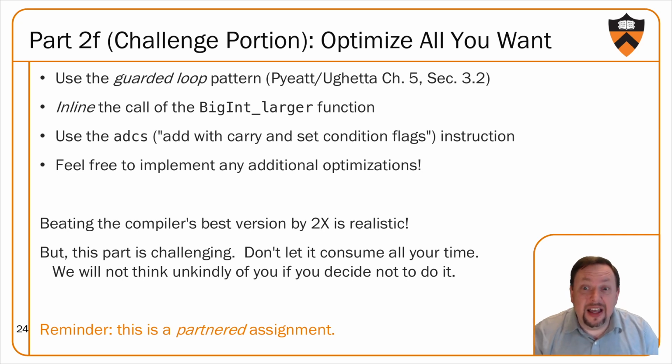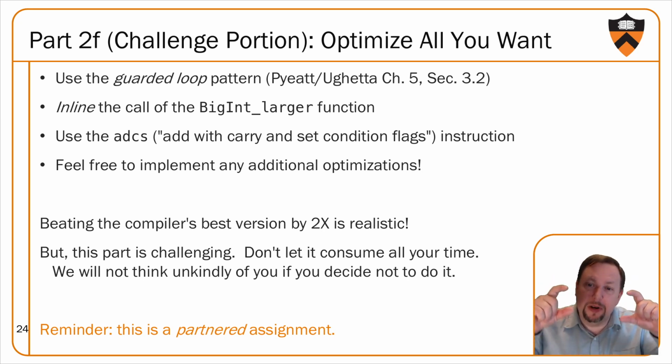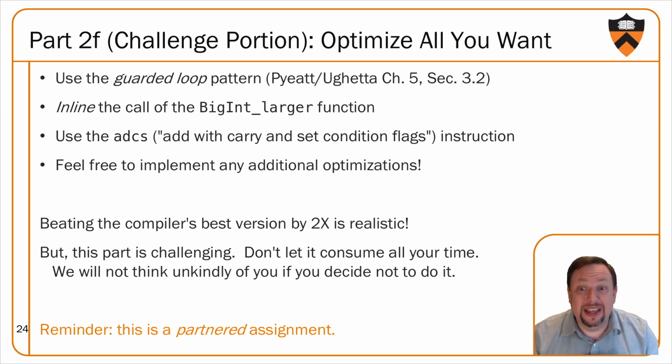You can inline the call to BigInt_larger. That is, move that code from a separate function directly into BigInt_add, so you don't have that extra function call taking time. And there's a particular instruction, add with carry, ADCS, that can actually help you avoid having to keep track of that carry explicitly in a separate variable. So these are the optimizations to start with.